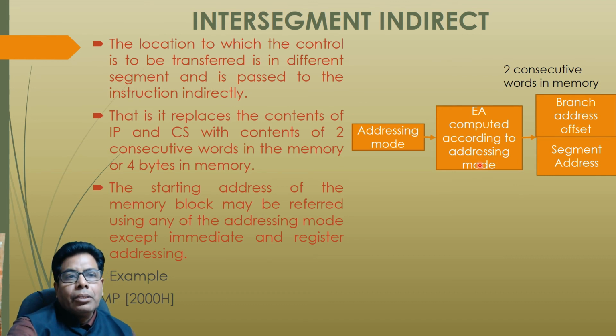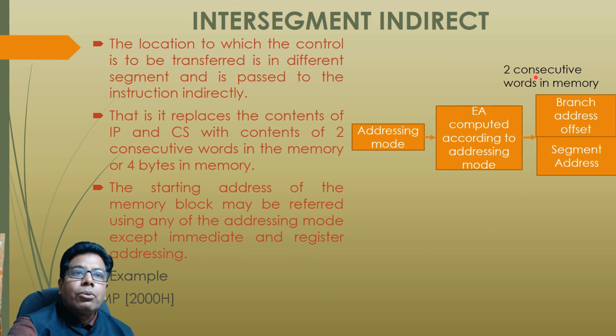Maybe we may use base index or register indirect or any other addressing here. So ultimately what we are going to get is either 2 consecutive words in memory or 4 bytes in memory. That is the same thing, 2 consecutive words or 4 bytes.